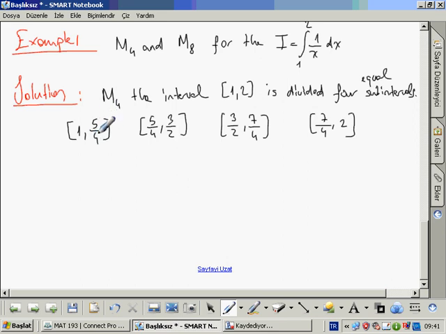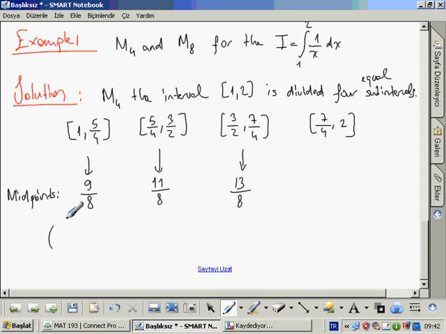The midpoints are 9 over 8 for this interval, 11 over 8 for this, 13 over 8 for this, and 15 over 8 for the last. How have we found these values?